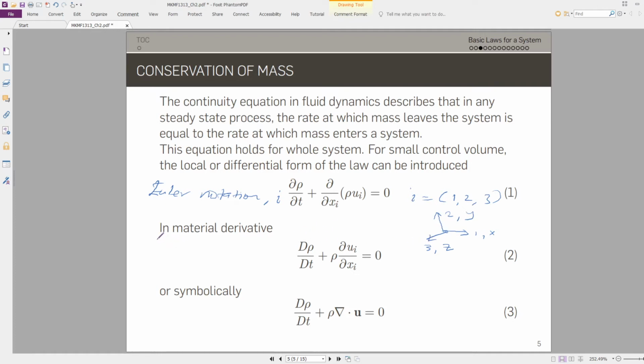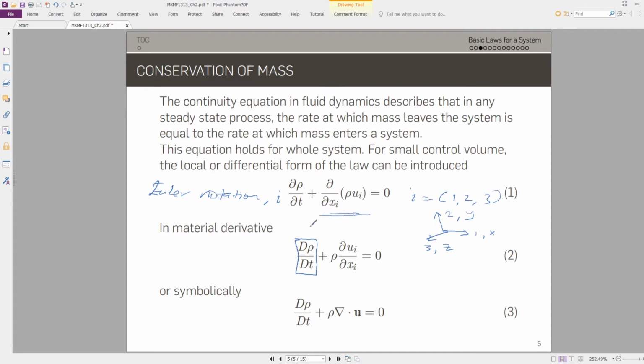So the similar equation can also be written in the material derivative. In the material derivative, as you can see, we have the capital D written for the rate of change of the density. But before we discuss these equations, equation number 2, the equation number 1 can further be expanded, especially in the convection part of the equation.